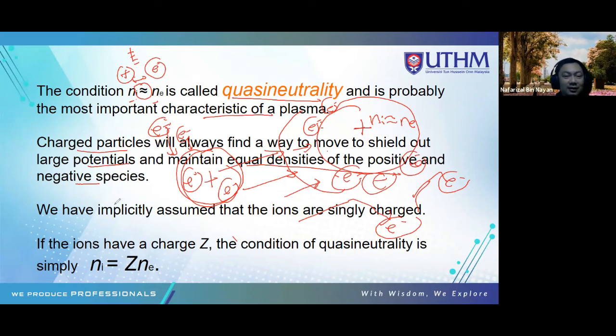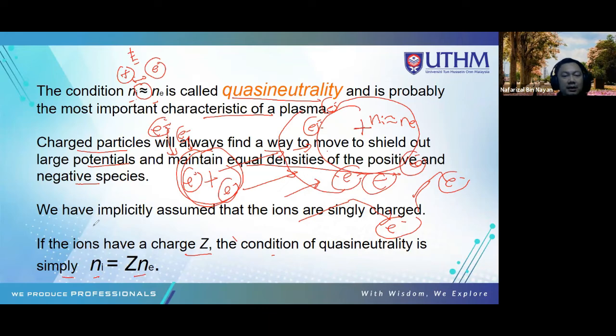All right, what if we have an ion with the charge of Z? The condition of neutrality is simply Ni equals Z times Ne. What does that mean?